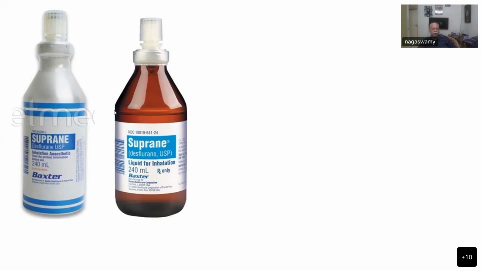By looking at these two bottles, can anyone say what is the difference between them? Why does this bottle look a little grayish and this one look like a real amber bottle? Both are by the same company. This is the original Baxter preparation, and this is the later Baxter preparation.